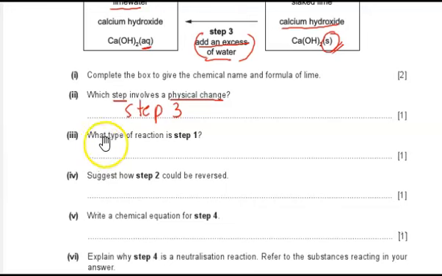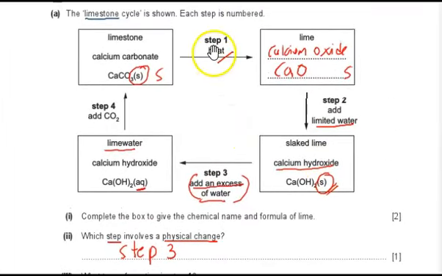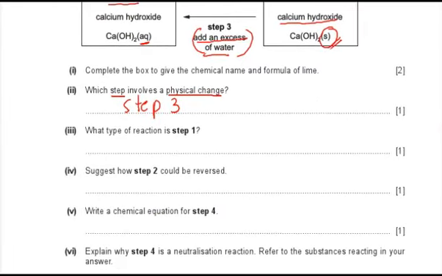What type of reaction is step 1? Step 1, anything that is heated up and then decomposes, is called thermal decomposition. So this one is a thermal decomposition. Suggest how step 2 could be reversed.